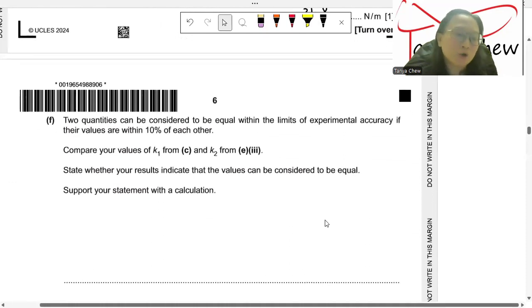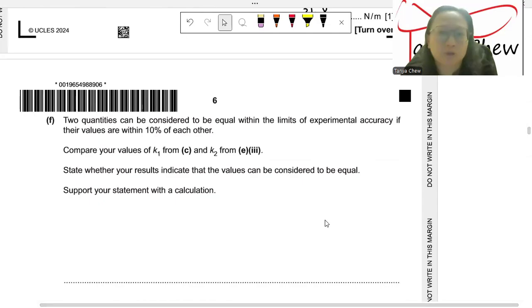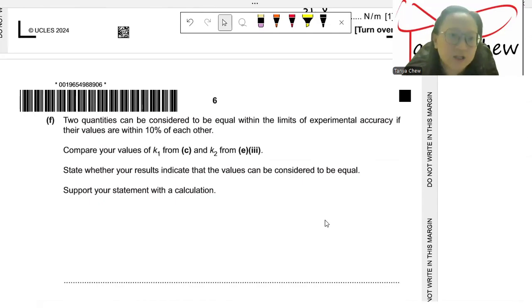Now, F: the two quantities can be considered to be equal within the limits of experimental accuracy if the values are within 10% of each other. Compare your values of K1 from C and K2 from E part 3. State whether your results indicate that the values can be considered to be equal. Support your statement with a calculation.